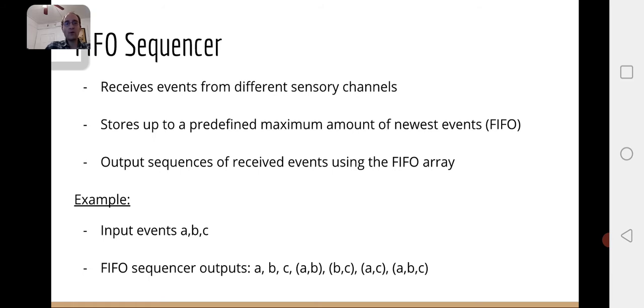This allows for a form of multi-modal integration, and it does so in a very simple and effective way. Like in this example, we have input events A, B, C, and the FIFO sequencer outputs A, B, C, which are the individual events, but also sequences thereof, like AB, BC, AC, ABC.